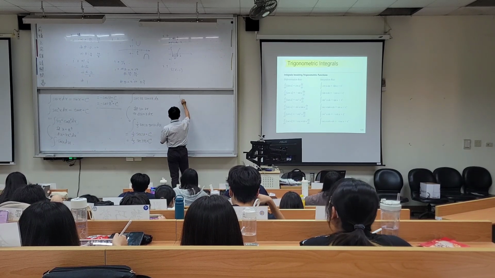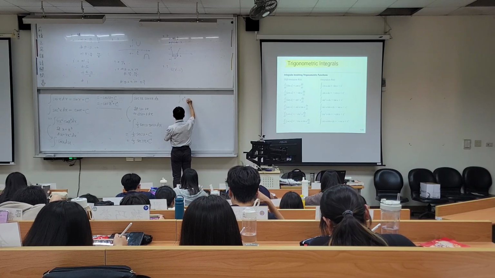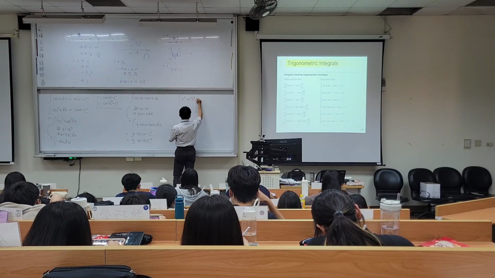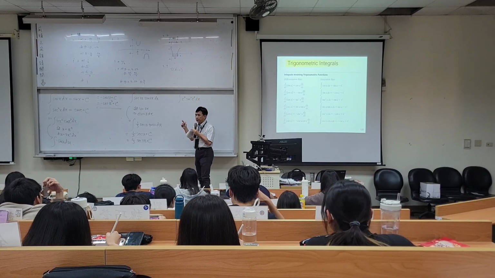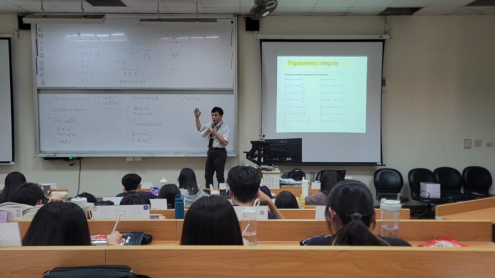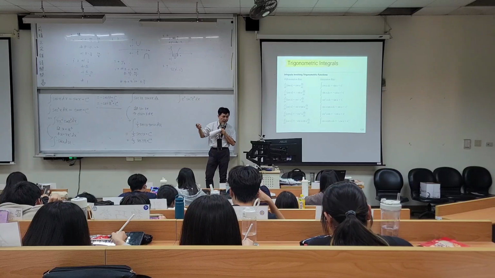Let's try the next one. This will be e to the x secant square of e to the x dx. First of all, we notice that it involves secant square. And we do know the derivative of tangent is secant square.